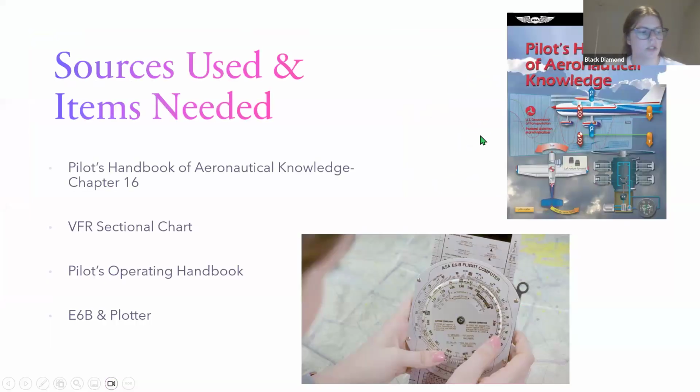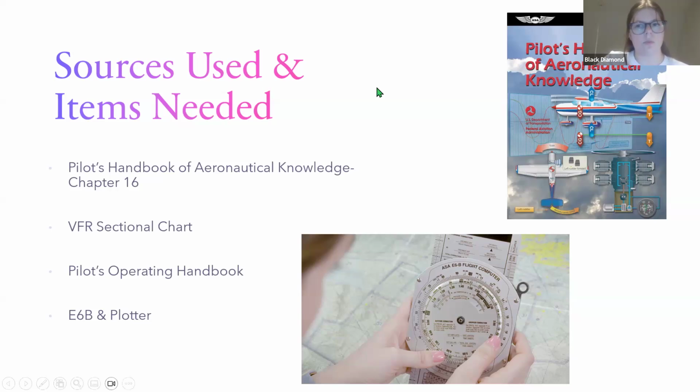Alrighty, so the sources that I used for this presentation, and that I use when I am teaching navlogs, and that you will also need, are the PHAK, the Pilot's Handbook of Aeronautical Knowledge, Chapter 16, and the VFR sectional chart. You'll also need your pilot's operating handbook for your airplane specifically and your E6B and plotter.